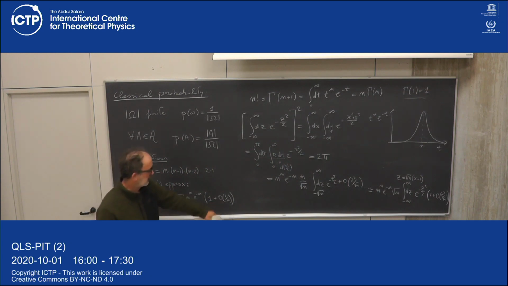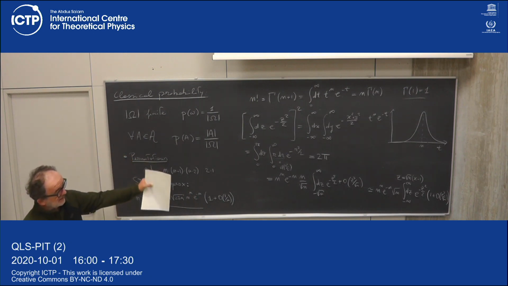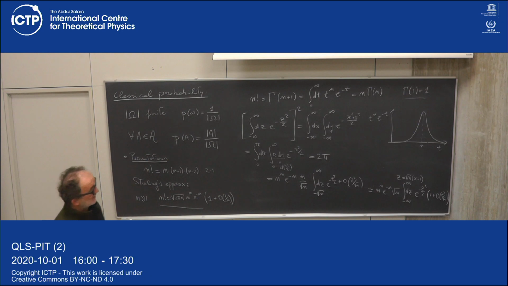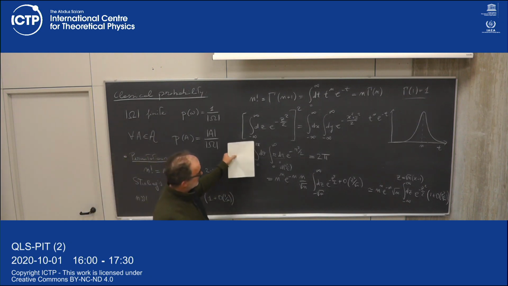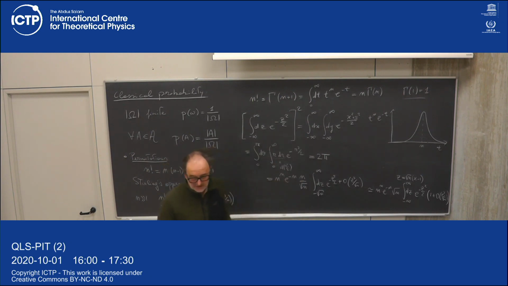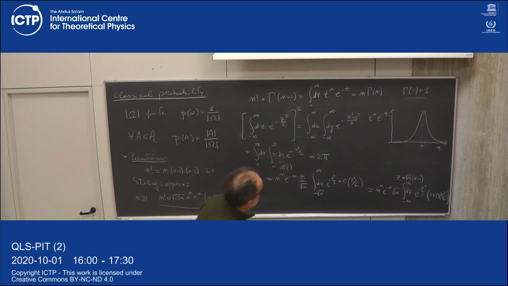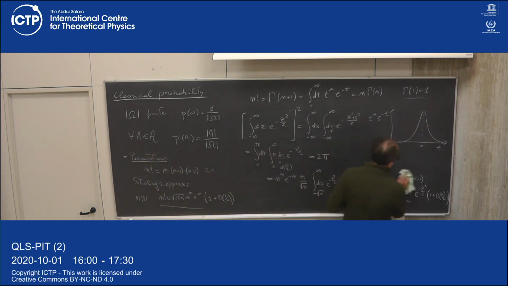The leading correction is of order 1 over n. Okay, so this exercise is important because the saddle point method, this type of method to estimate integrals of this type when n is large, is something that we will use over and over again in this course.